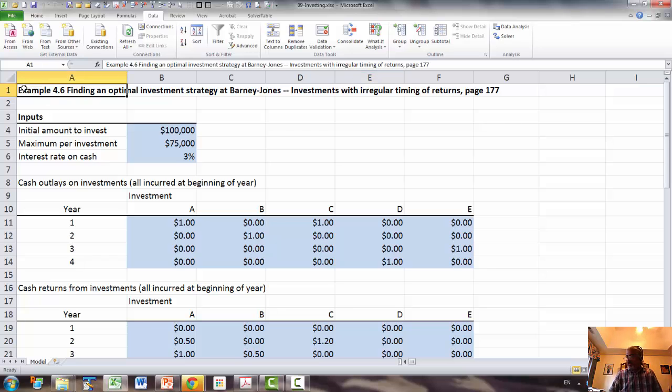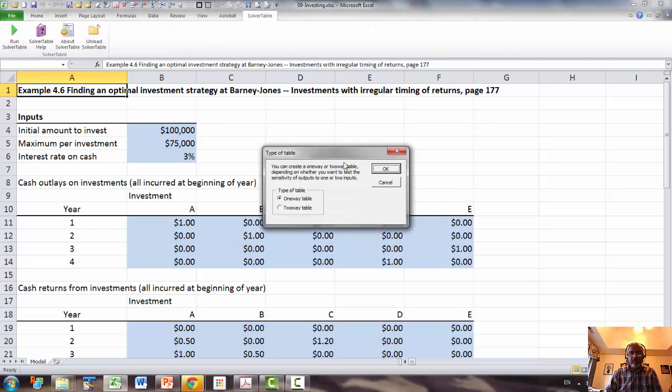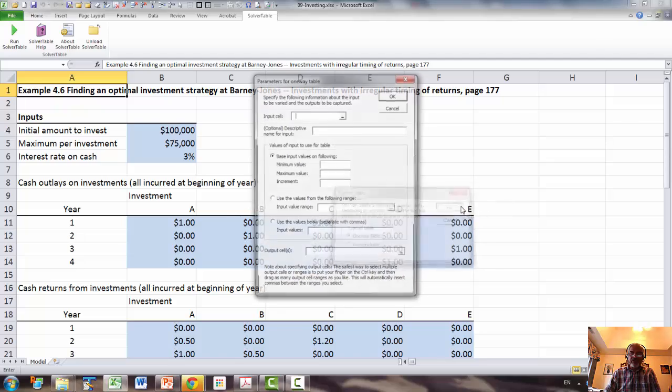So now let's do sensitivity analysis. Again, you run solver table. Let's look at one of them: run solver table, and what if we relax the limit instead of 75,000.